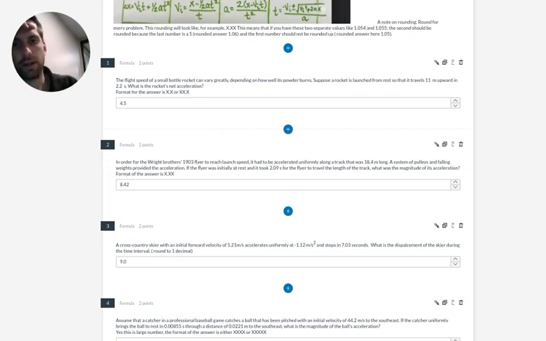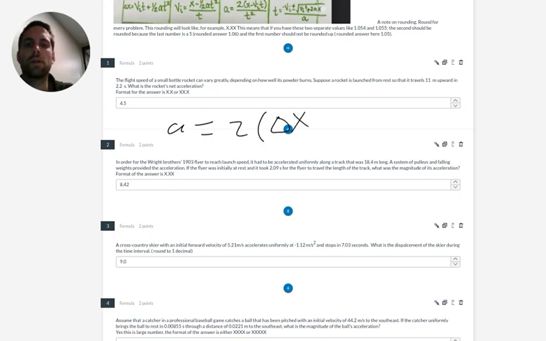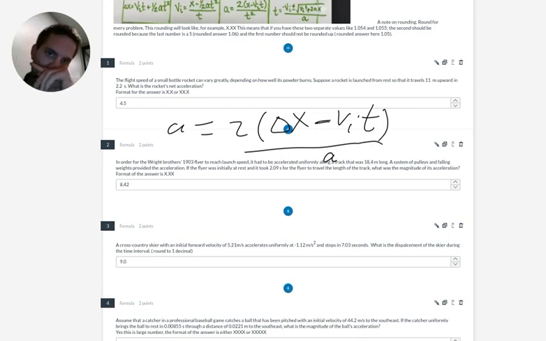So a equals 2 times the displacement minus velocity initial times the time, over t squared.